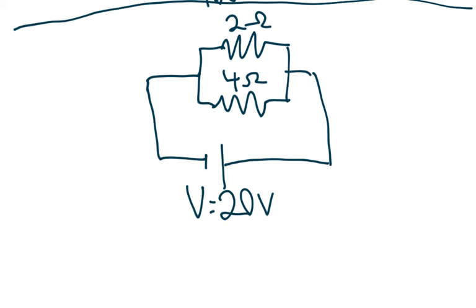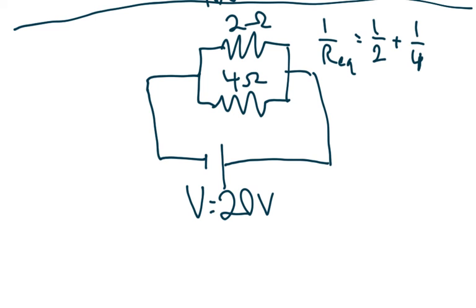So the current, actually no, we're not going to give either of the currents, but we're going to figure this out. So the total resistance of these 2 resistors is 1 over R EQ equals 1 over 2 plus 1 over 4, right? So we're going to get the whole resistance, and the reason is we're going to get the current.